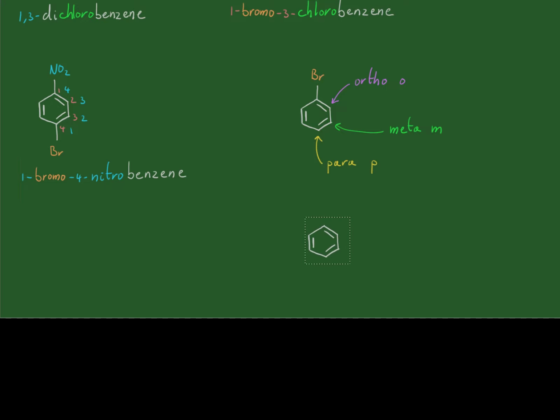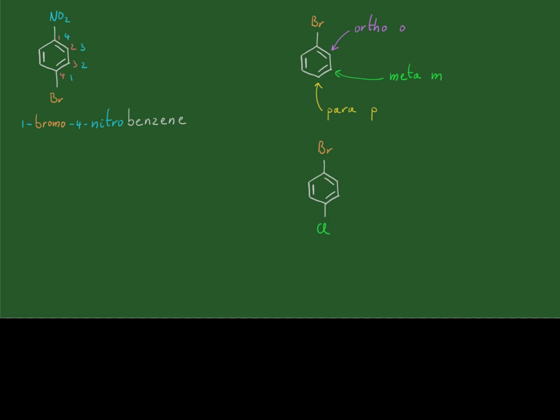So that if we have something like this, and let me just quickly draw it. Bromo, and I shall put a chloro group down here. We can say that bromo is para with respect to chloro, or the other way around. Chloro group is para with respect to bromo.